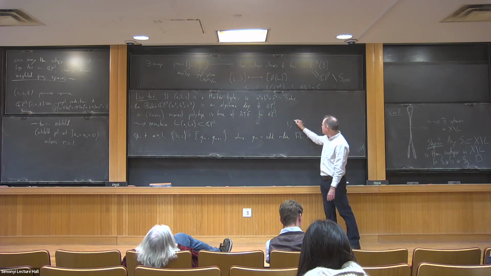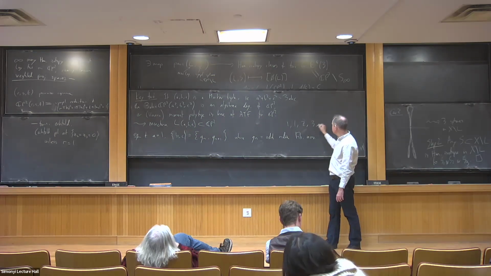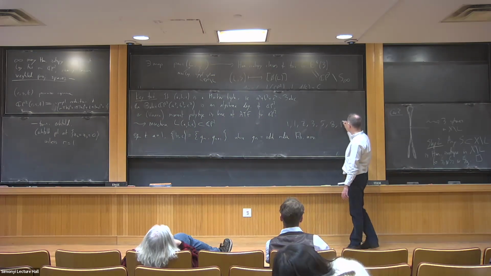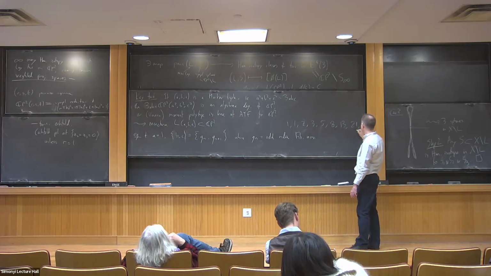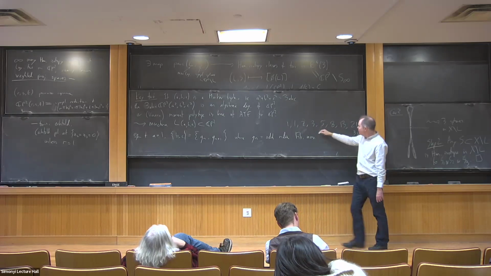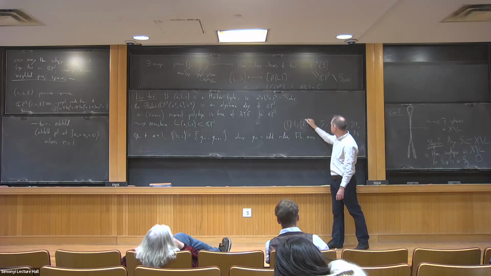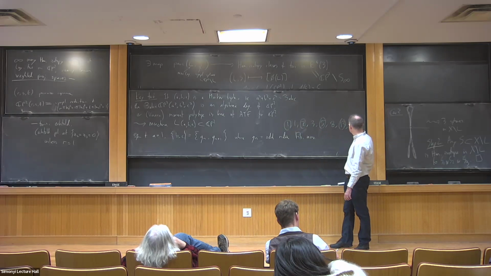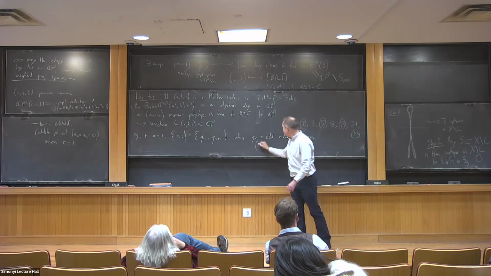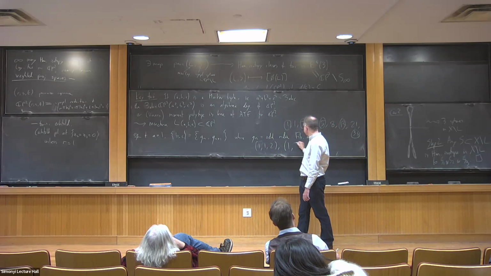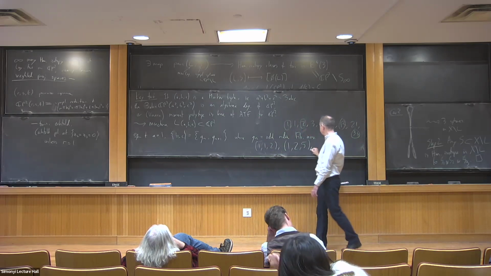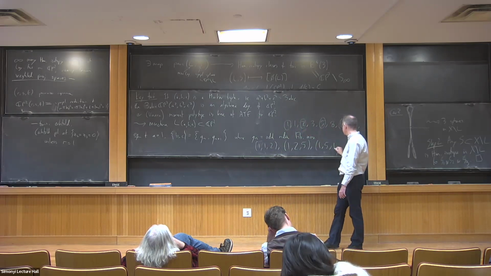Fibonacci numbers go 1, 1, 2, 3, 5. Taking the odd-index ones, I can get the triples 1, 1, 2; 1, 2, 5; 1, 5, 13.